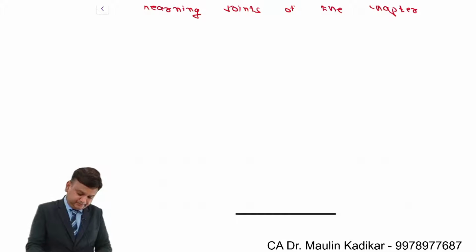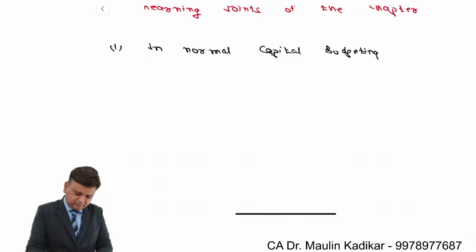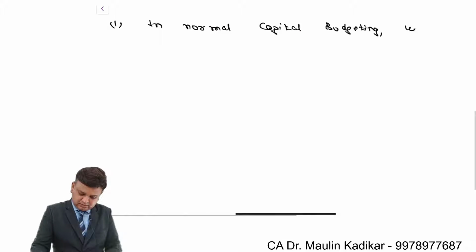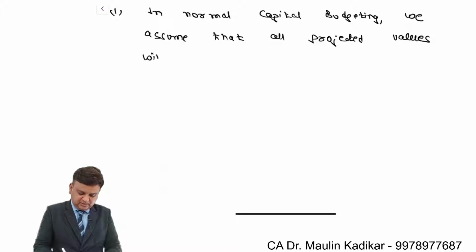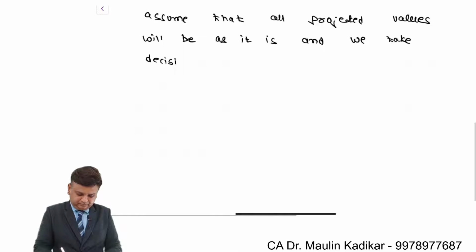In the first point, write: in normal capital budgeting, we assume that all projected values will be as they are, and we take the decision.